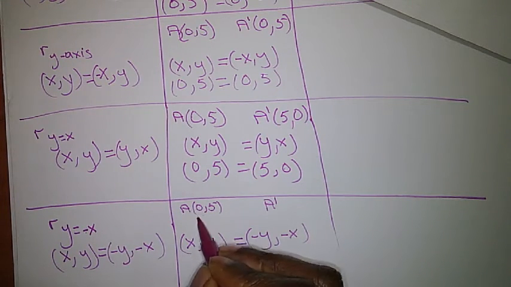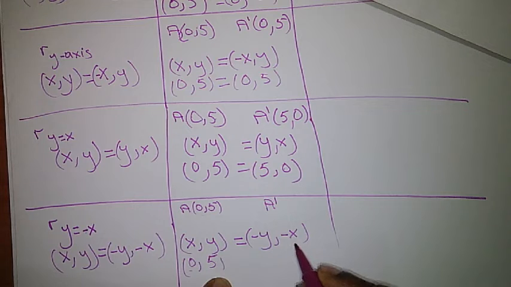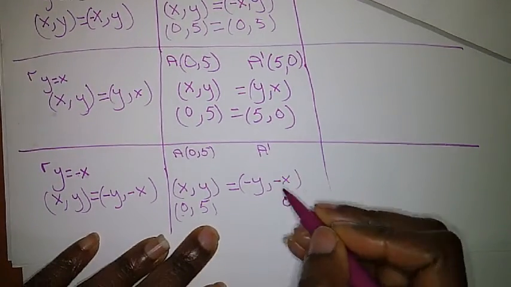I'm going to write my points again, 0, 5. Now I'm going to switch position. My 0, which is my x, is over on this side, and it becomes negative. But again, 0 doesn't have a negative or a positive.